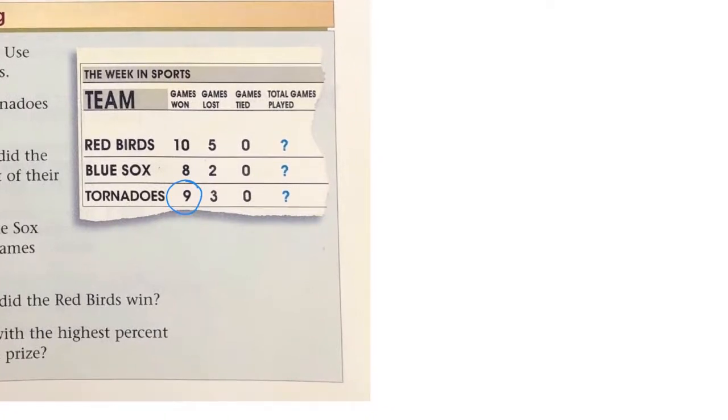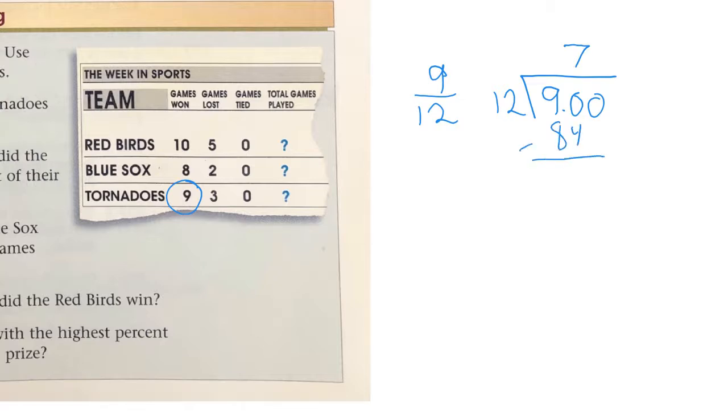So if they won 9 out of 12 games, that is 9 divided by 12. 5 times 12 is going to give us 60.